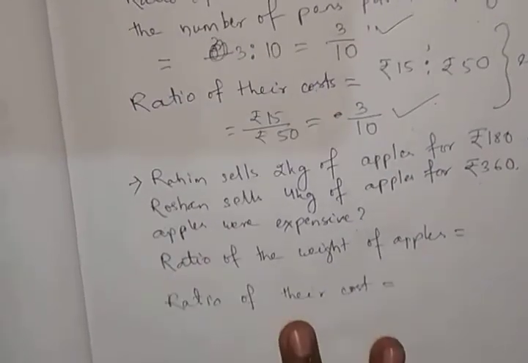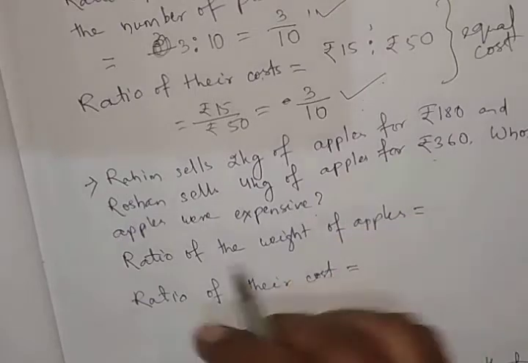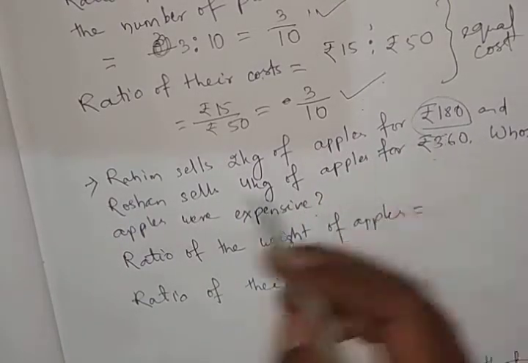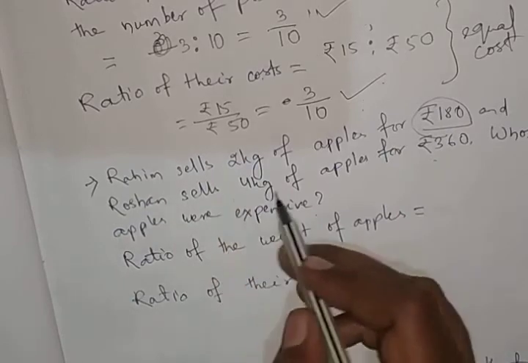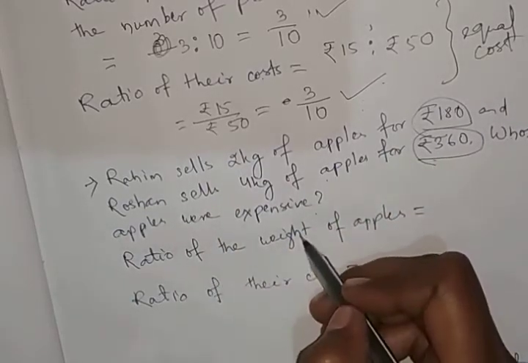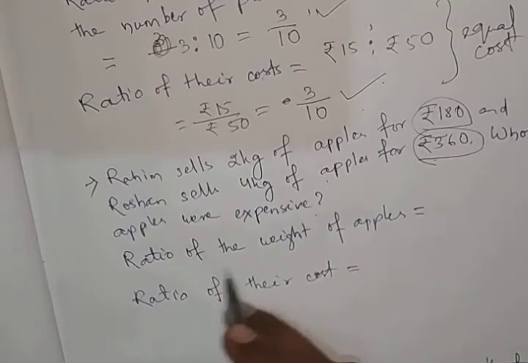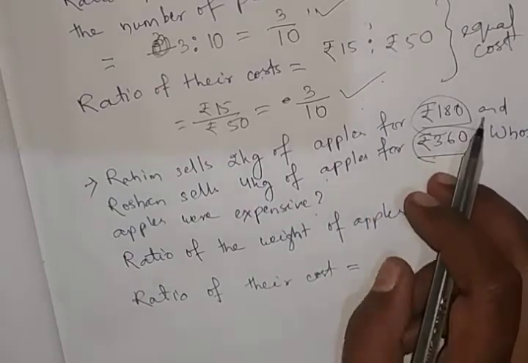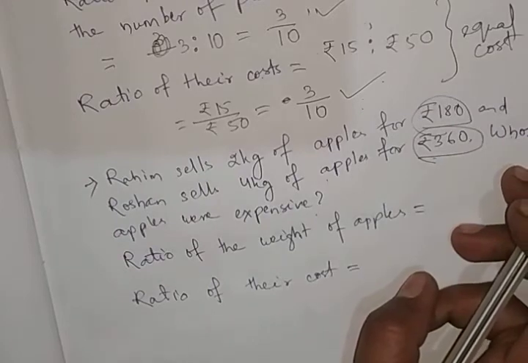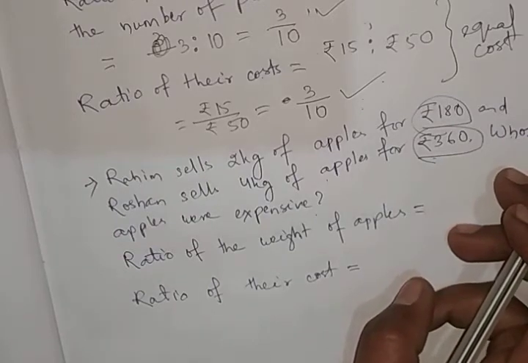Next you look here. Rahim sells 2 kg of apples for rupees 180 and Roshan sells 4 kg of apples for rupees 360. Whose apples were expensive? So look at the ratio of the weight of apples. Always we will take the ratio between equal units, the same type of unit.